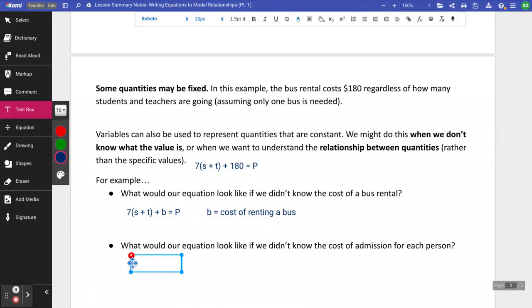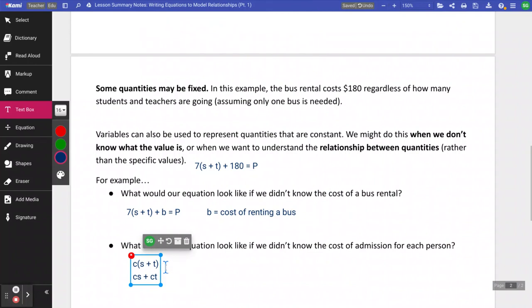Instead, I might say, let's use C for the cost of admission. I would want to multiply C times the number of students and teachers. Or if you were thinking of that other equation we had earlier, the cost of a ticket times the number of students plus the cost of a ticket times the number of teachers going.